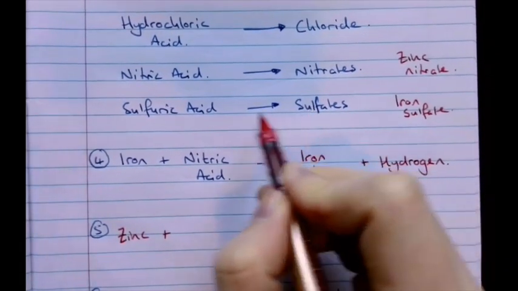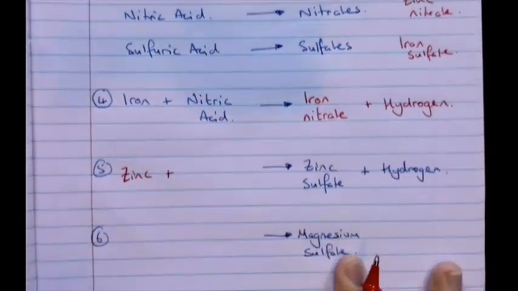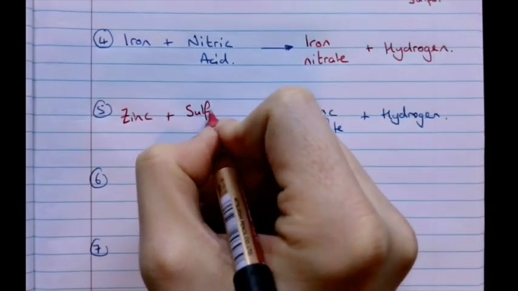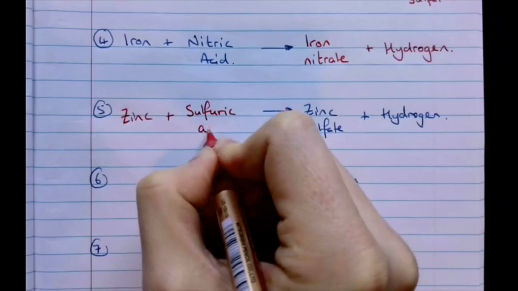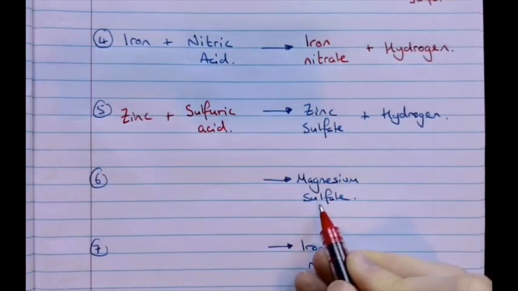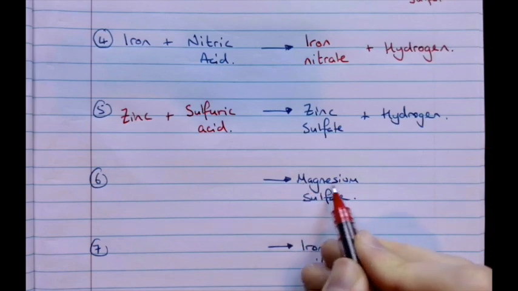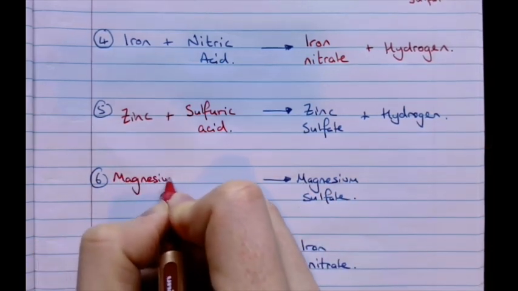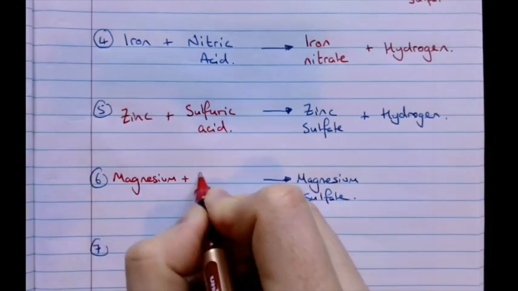It's the sulfuric acid. So I would have had sulfuric acid. Okay, so if I make magnesium sulfate, well, the metal was magnesium, and it's sulfate again, so it'll be sulfuric acid.